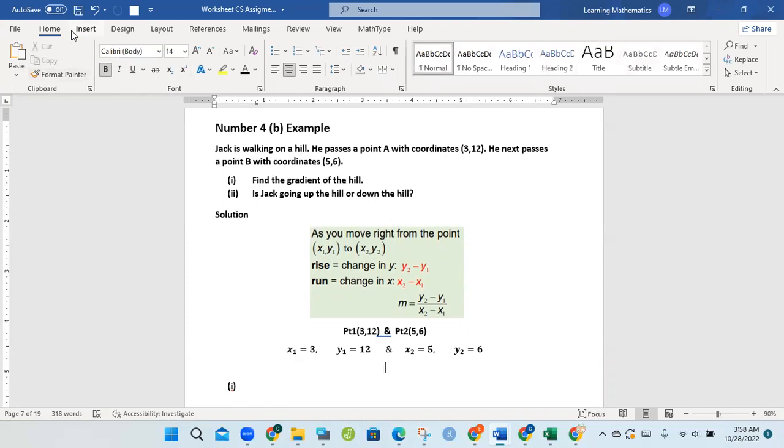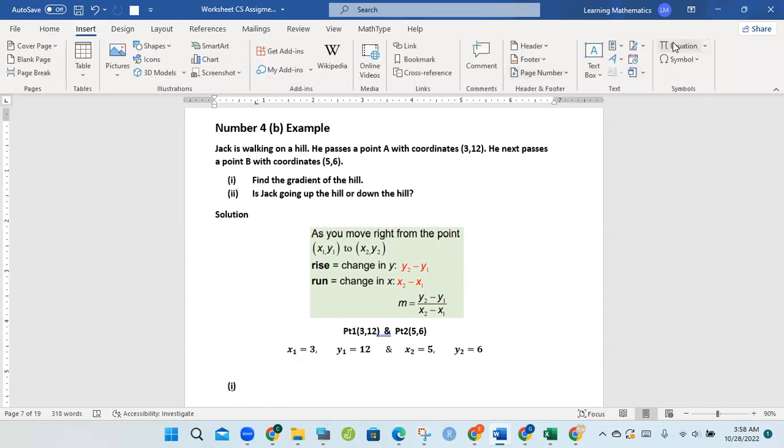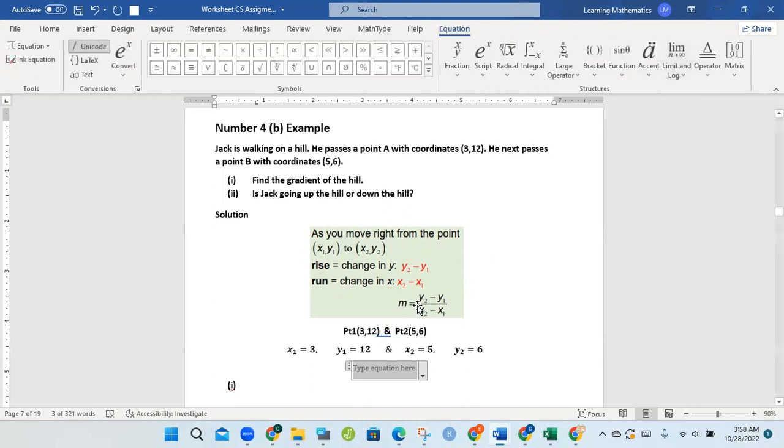The formula is for gradient, represented by the letter M. Gradient starts with G, but the letter for gradient is M. Probably because G is used for something already, which is gravity. The French word for climb is monter, to mount, so probably that's why they use M for gradient.